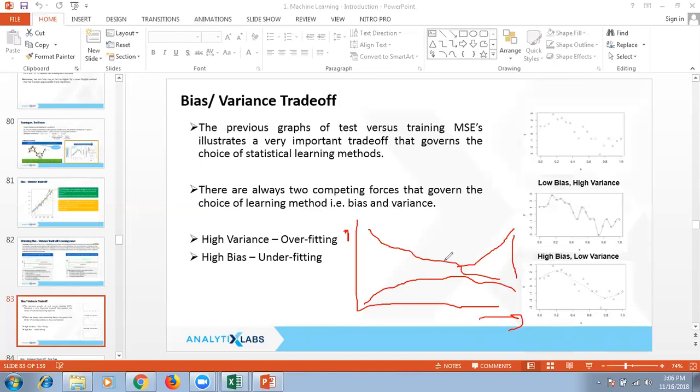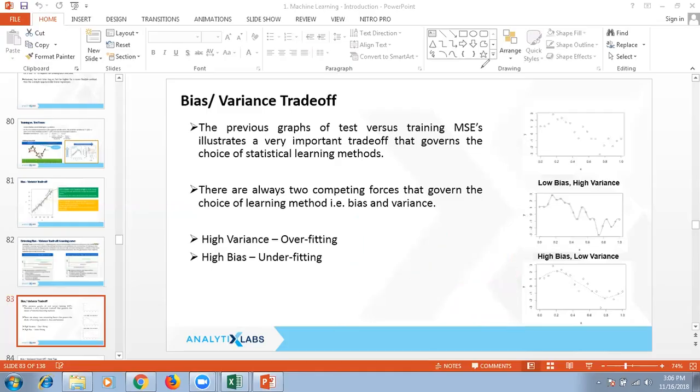So basically we will try to get a model with a similar kind of training accuracy and testing accuracy. So in that situation, you need to come up with a medium variance and a medium bias. That is the kind of thing which we are trying to achieve.